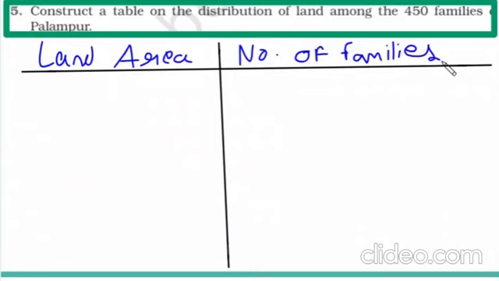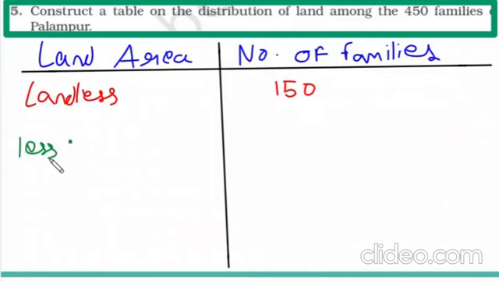Now, in land area, the first one is zero, meaning landless. How many are landless in Palampur? There are 150 families who are landless, and most of them are Dalits. That is the first category. The second one is those who have less than 2 hectares of land.